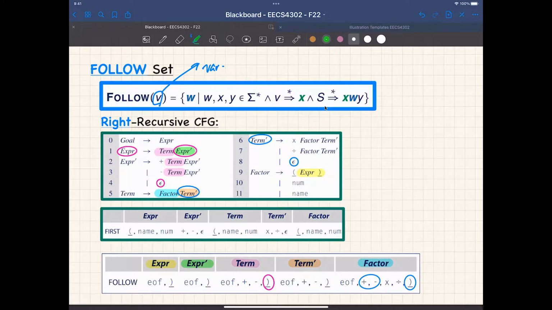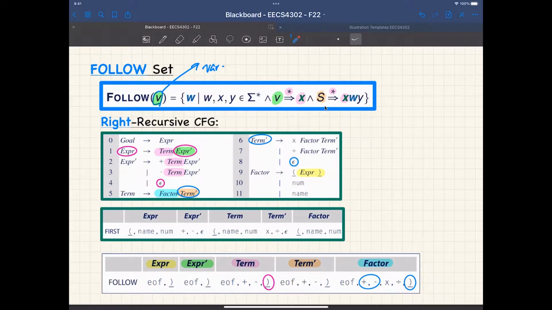We say that V, which we want to calculate the follow set of, can take one or more derivations into some x. And then the star variable over here might take one or more derivations into the x. So that means V can be derived into a string, and that string is actually followed by certain words, and that is defined as the follow of the variable.